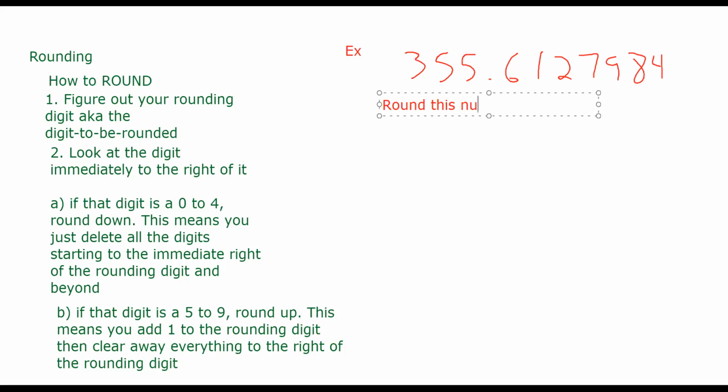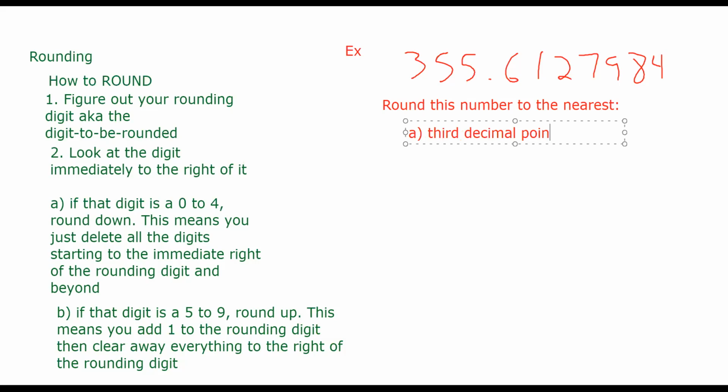Round this number to the nearest third decimal point. The nearest 100. Oops.